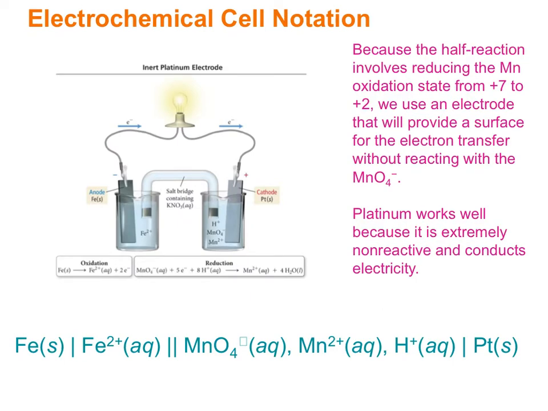We have solid iron this time, turning into iron 2+, and that's at our anode, and then we have our flow of electrons, and then we have our cathode on this side. Our particular half reaction occurring here, our reduction reaction, is manganese in a polyatomic ion, MnO4 minus, going to manganese 2+.